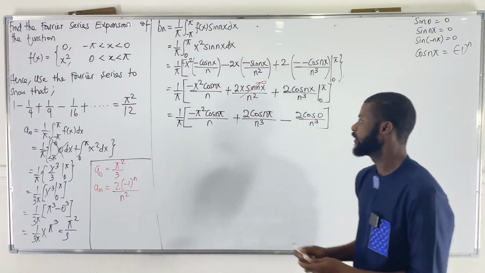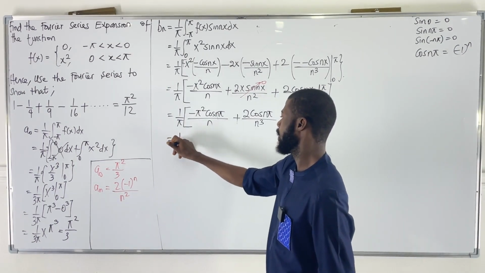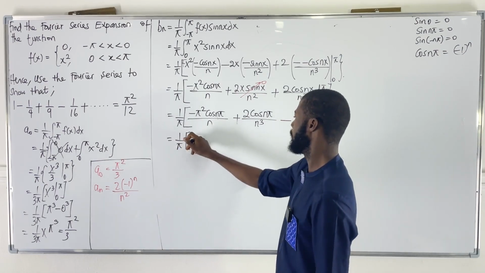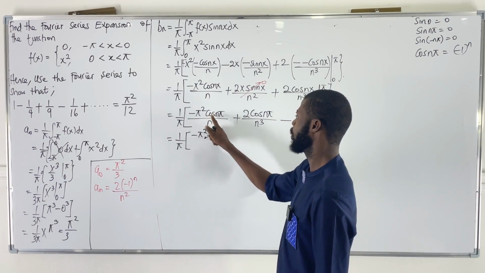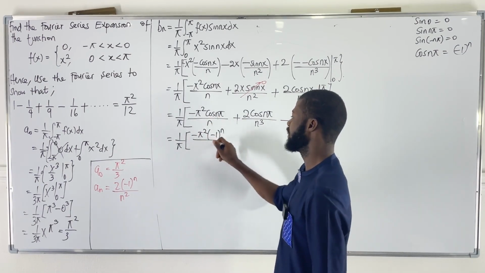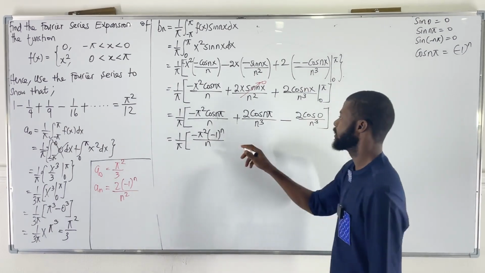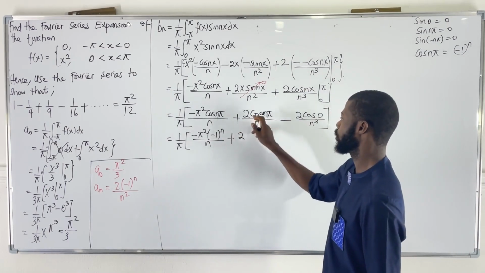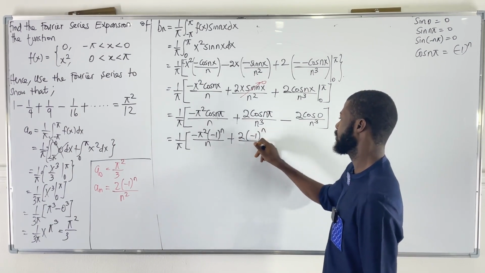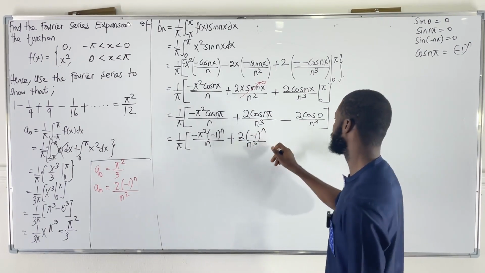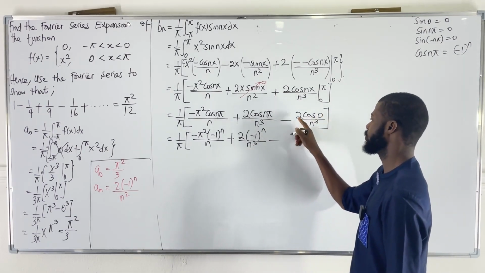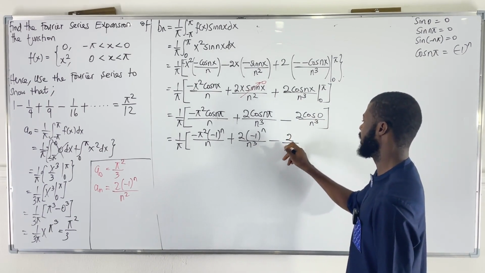So this will be 1 over pi, we're going to be having minus pi squared cos n pi, which is minus 1 to the power of n, then divided by n. Plus 2 cos n pi, again minus 1 to the power of n, divided by n cubed. And then minus, cos 0 is 1, so this will just be 2 over n cubed.